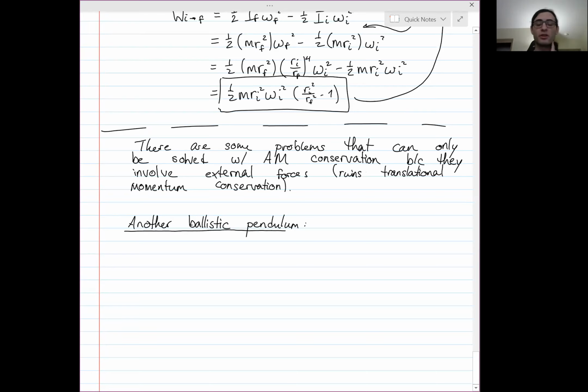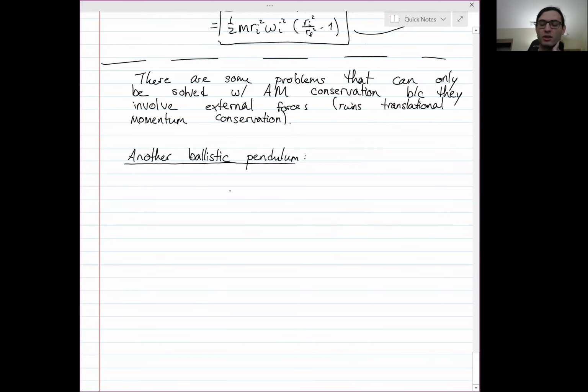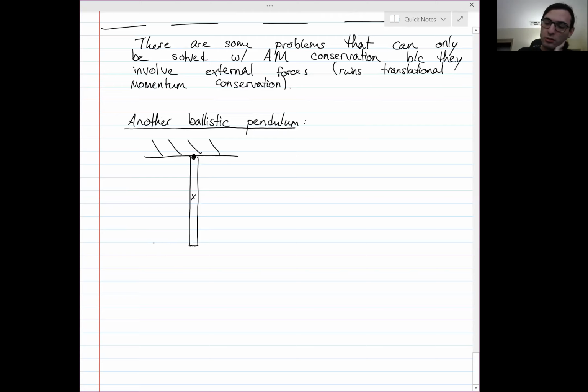The next type of ballistic pendulum is, let's say, you have your roof, but instead of having just a block at the bottom hanging by a massless string, you have a uniform rod of stuff with a center of mass in the middle, and you have your bullet hitting the end. So this is maybe before, and then we have our during picture, with our same rod, but now with the bullet embedded in it.